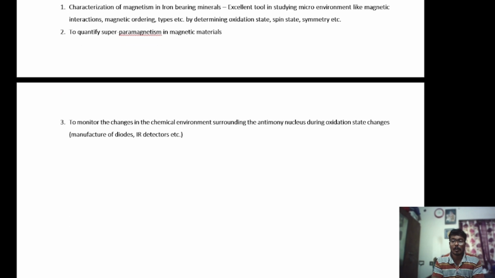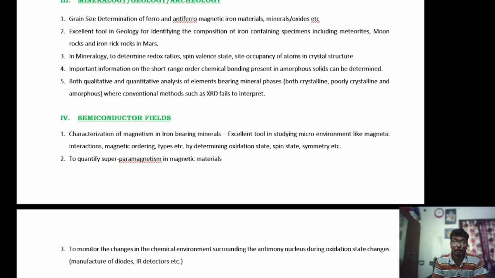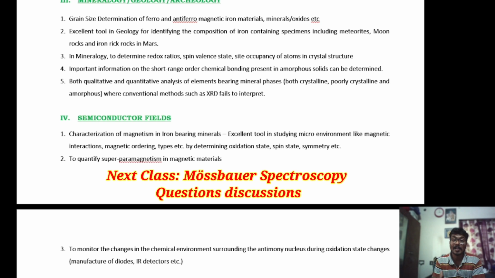So MÖSSBAUER spectroscopy finds many applications not only in chemistry but in the medicinal field, biological field, and mineralogy, geology, archaeology, and semiconductor field, and commercially in checking the gold purity also. So if other conventional methods fail, MÖSSBAUER spectroscopy finds its way to interpret many of the results that give useful information. Okay, thank you very much.